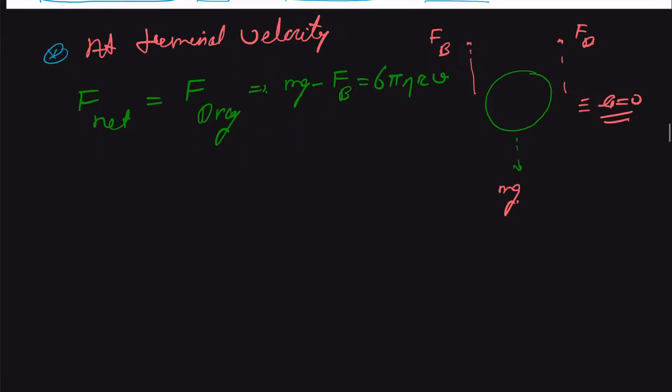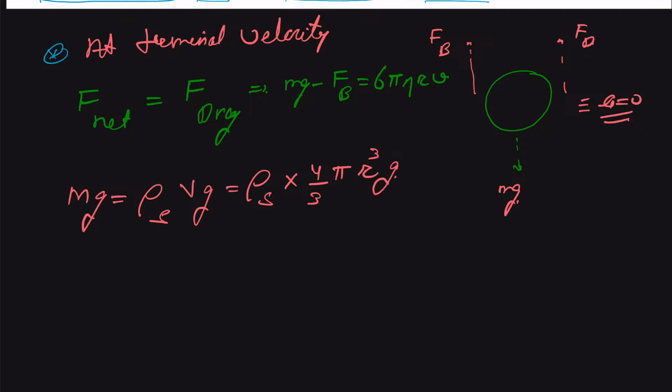And we can find mg. mg is equal to the density of the sphere multiplied by volume multiplied by g, or rho s multiplied by 4 by 3 pi r cube multiplied by g.